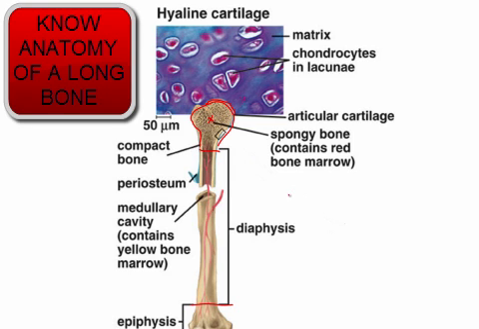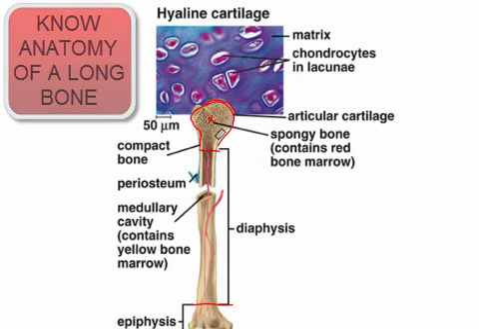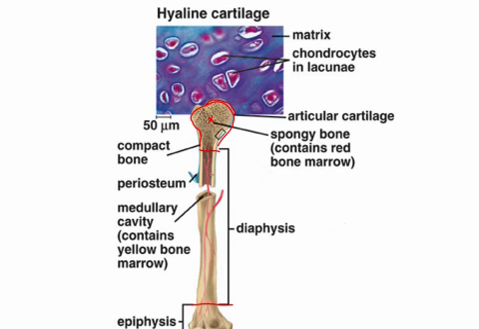The diaphysis is hollow. That's called the medullary cavity, and in adults it typically contains yellow marrow, which is mainly fat. Red marrow is up inside the spongy bone, those openings of spongy bone up in the epiphysis.